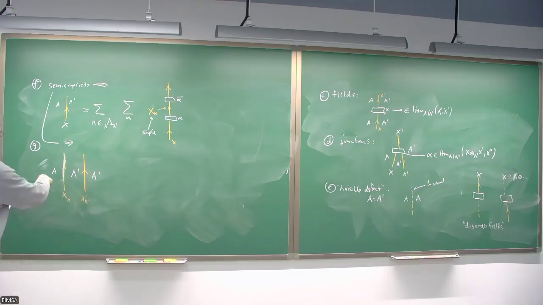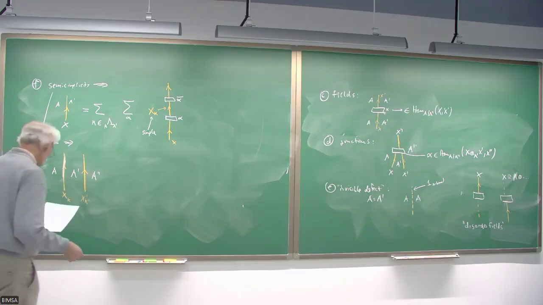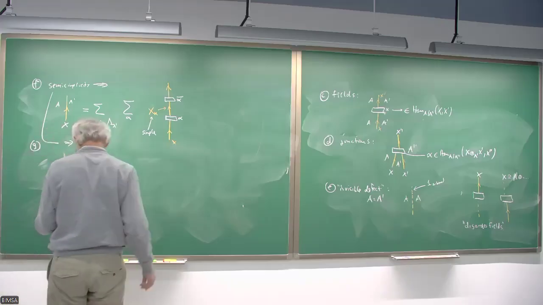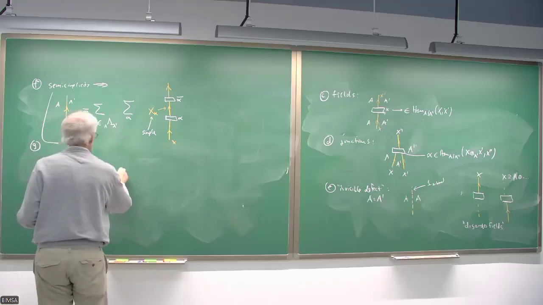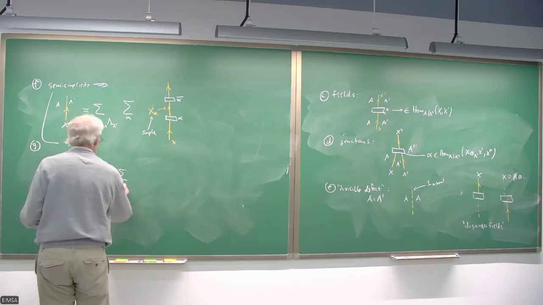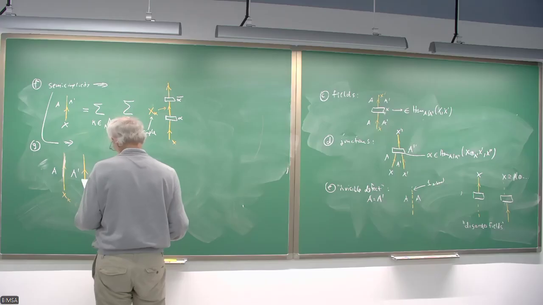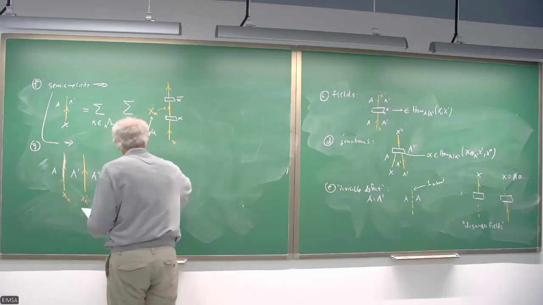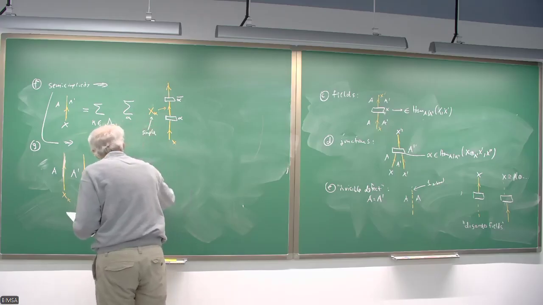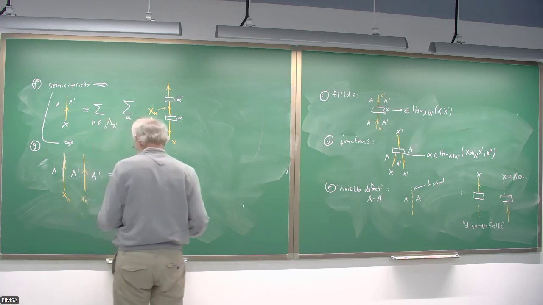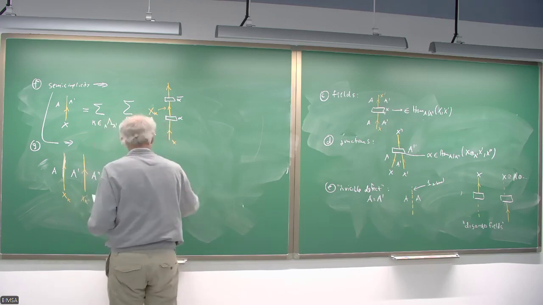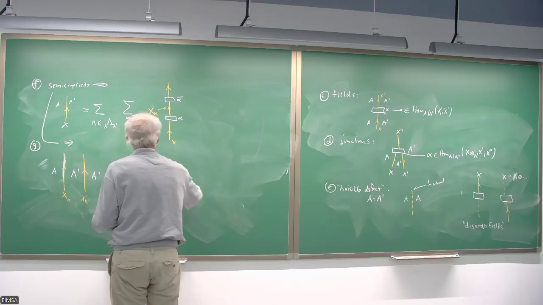If a prime and a are, well, at least two of them are different, but then you can write this as a sum over kappa, sum over beta, and then an analogous situation here.